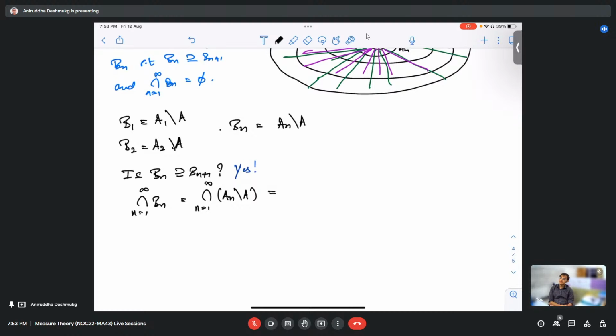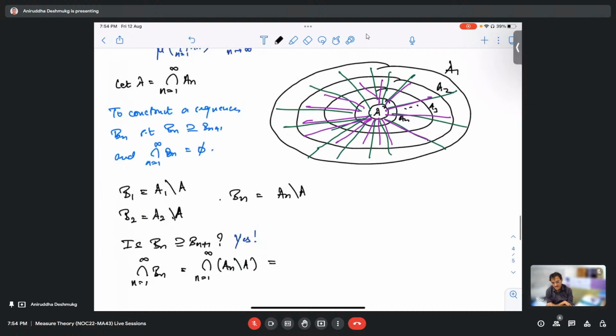Perhaps Prasanjit can tell me what this intersection is. Can you please show the diagram? Is it visible?